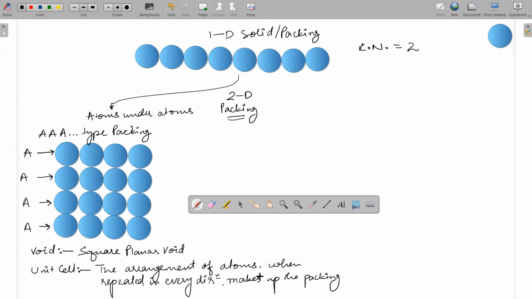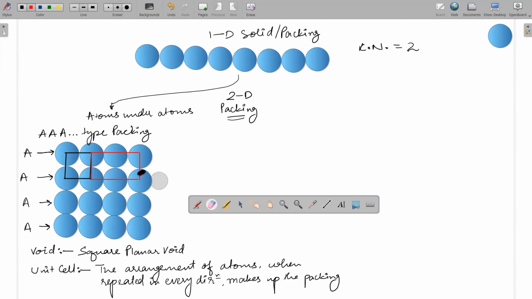So there are many unit cells that you can find. For example, you can say that, sir, this is a unit cell. If I take these four atoms, and I repeat it in every direction, I will get the AAA packing. Some of you will come and say, sir, we can also have this as our unit cell. The first one was a square one. You can also have this rectangle one. Correct.